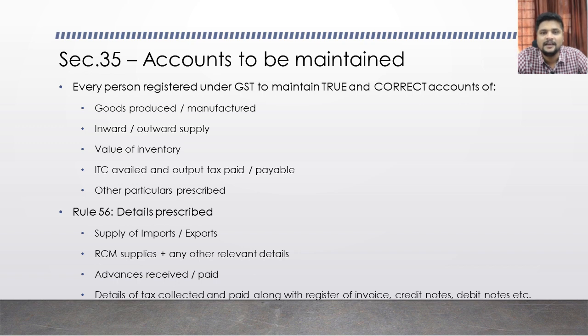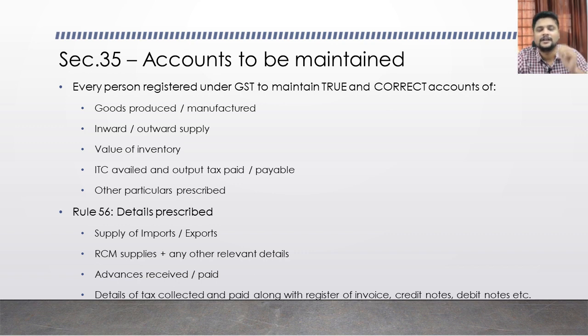Second, any inward or outward supplies; details relating to inward supply as well as outward supply also have to be maintained. The third item is the value of inventory. At any time of the year or tax period, the value of the inventory has to be precisely maintained by the taxpayer. So that is the third aspect.